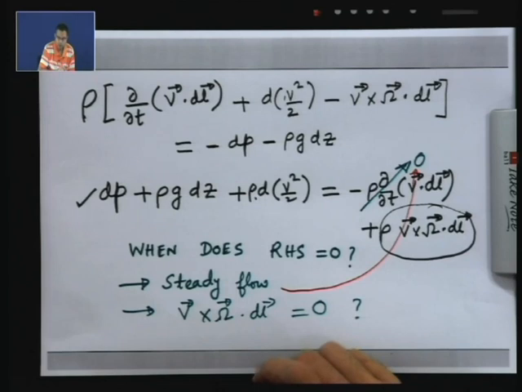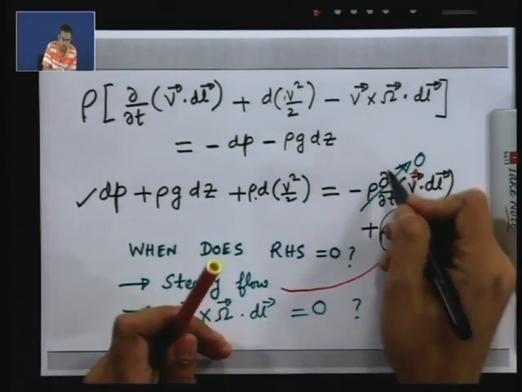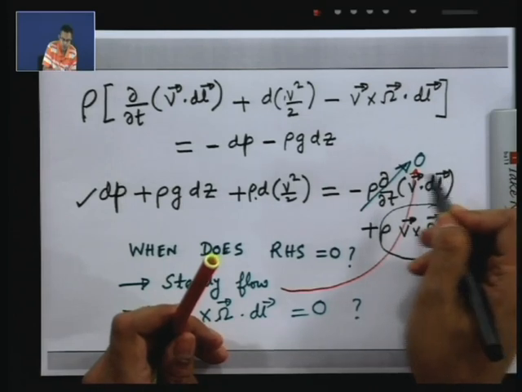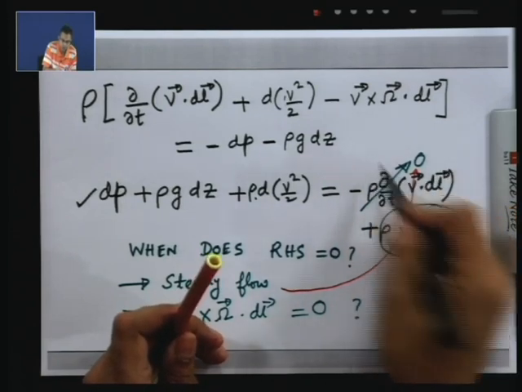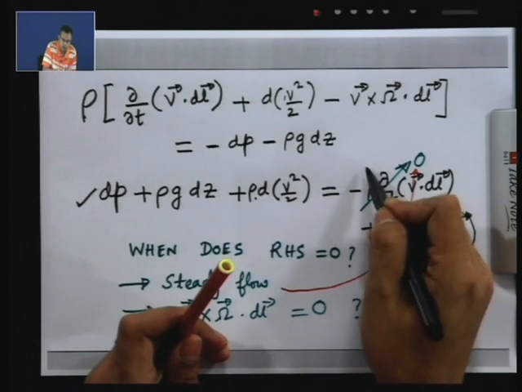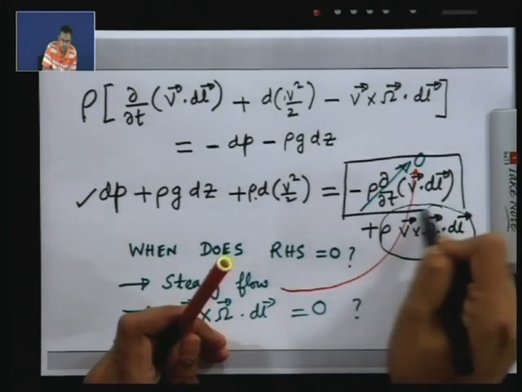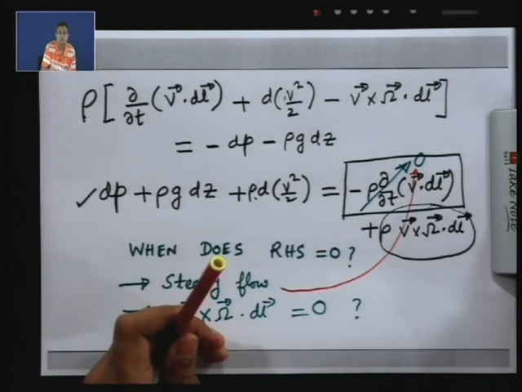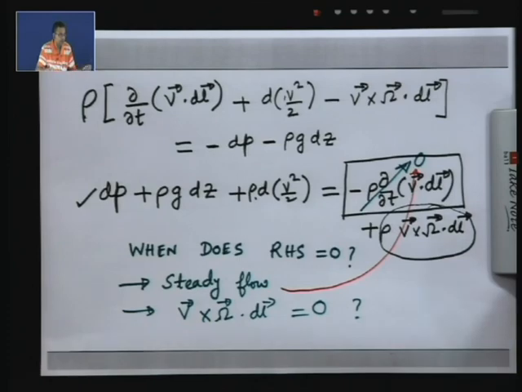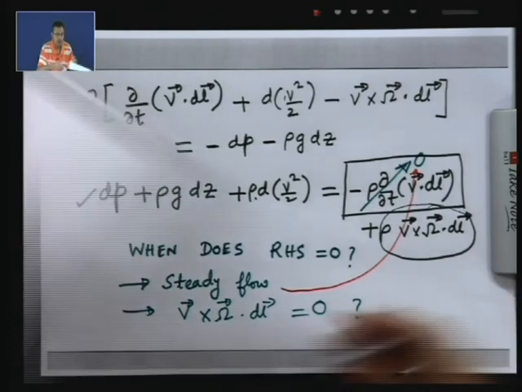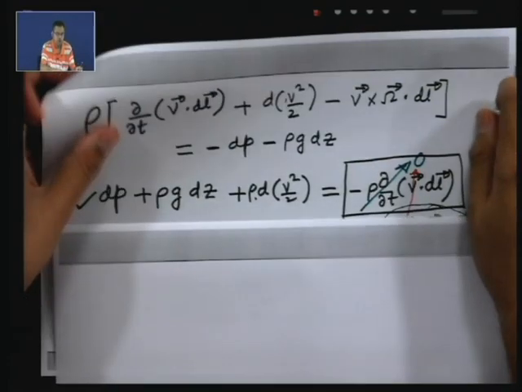In one of the former derivations of the Euler equation, in the form that we described, we had this term, the term which I have boxed, is equal to 0. But what happens if it is an unsteady flow?